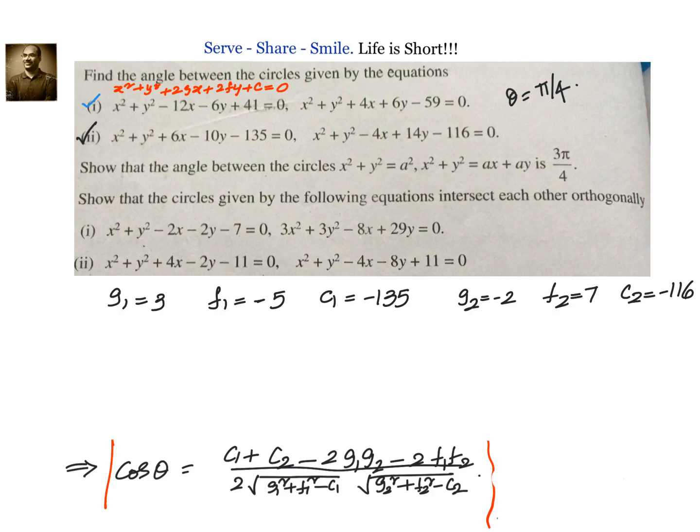Again we have to write down the formula for cos theta. So let's substitute in cos theta formula.